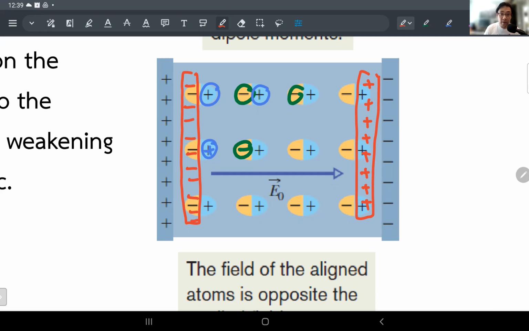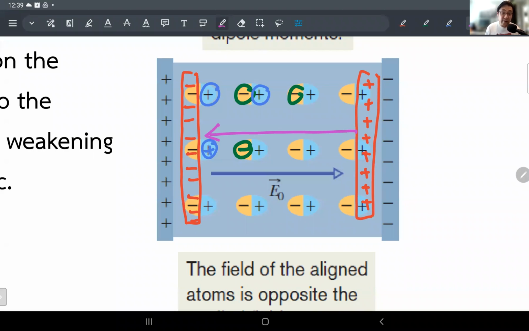So by having this, it's like you induce an internal capacitor. Think of it that way. You have two external plates generating the electric field. Once you squeeze in the dielectric material, the dielectric material itself does the same sort of thing, like you generate a parallel plate capacitor, but in the opposite direction. Can you see that?